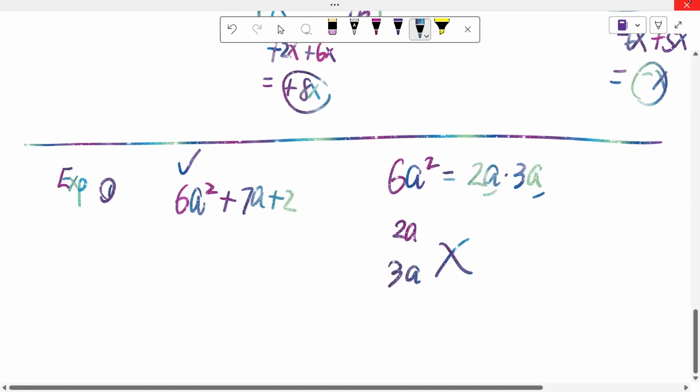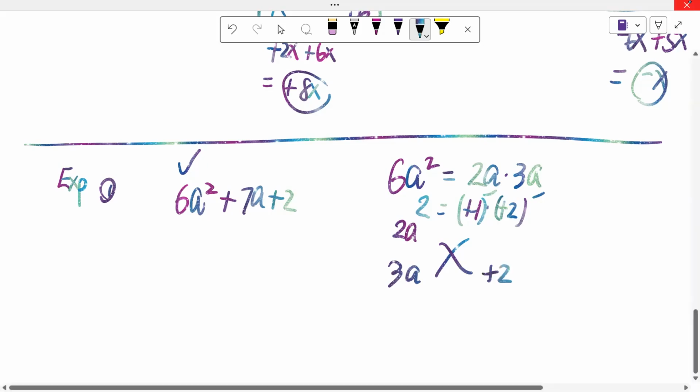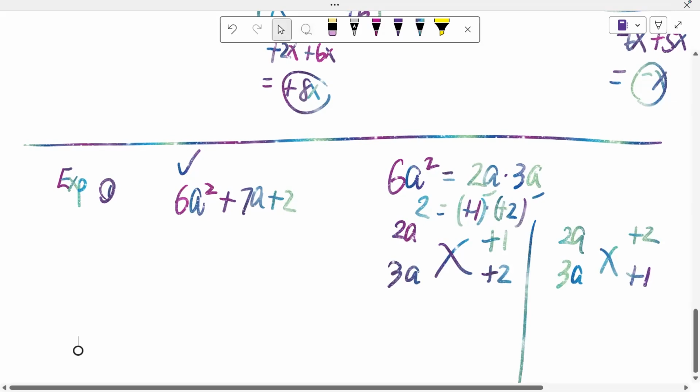And then also we're gonna break down the 2, right? 2 could be broken down as positive 1 times positive 2, right? That's all, which is good. That reduces some possible combinations here. So we'll do positive 2 here, positive 1 here. We're going to check that in a second, right? As you can see, first term is confirmed, last term is confirmed.